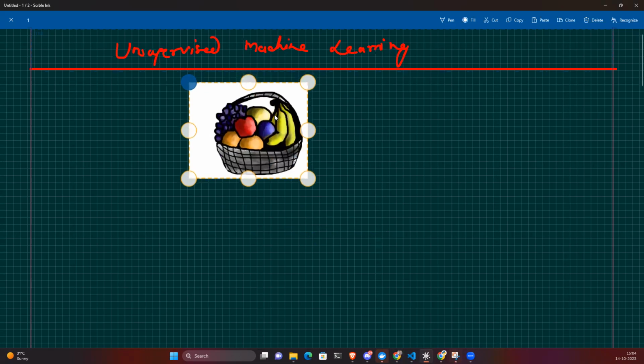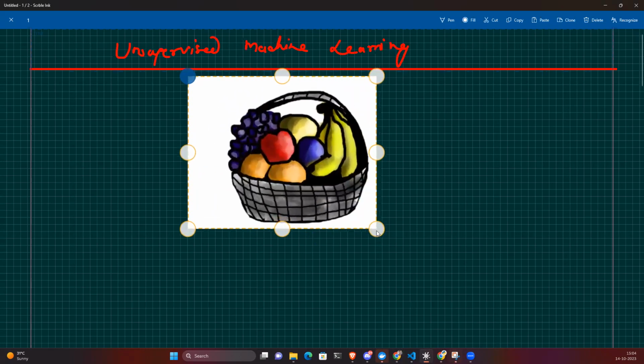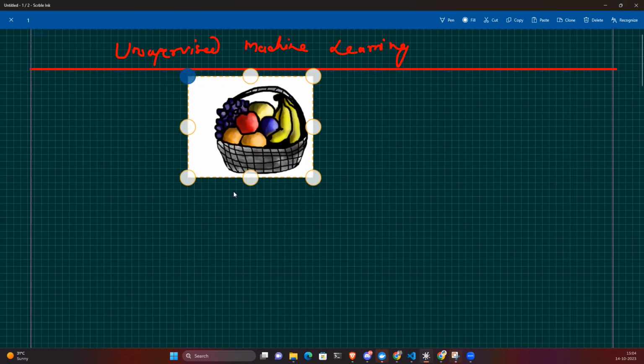So if I take this example, this is a basket of fruit, and in this basket there are different types of fruits, like banana, apple, grapes.